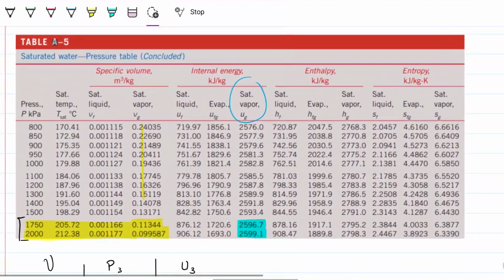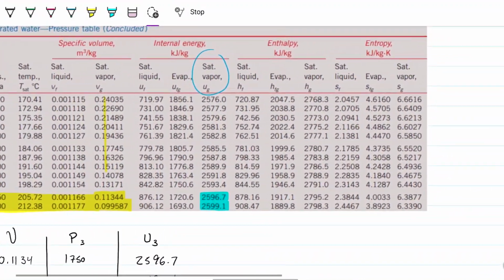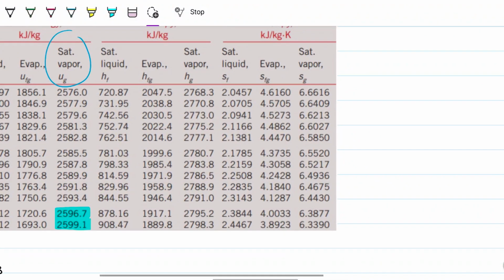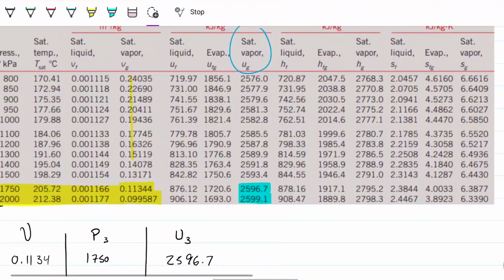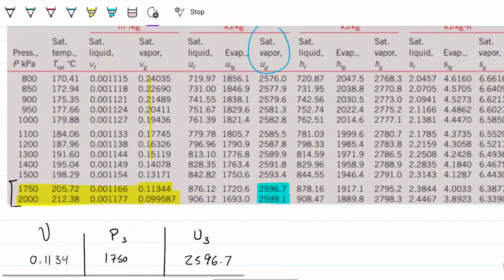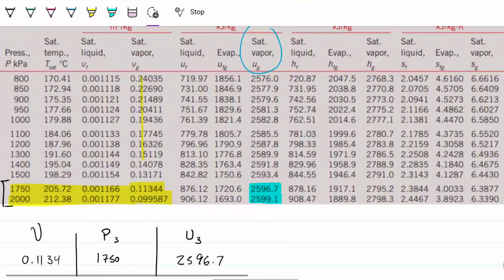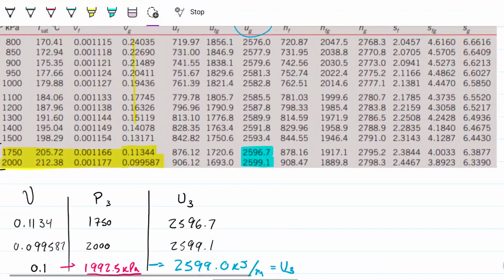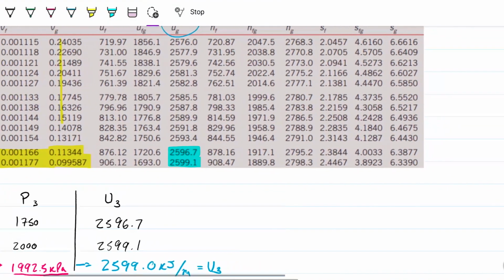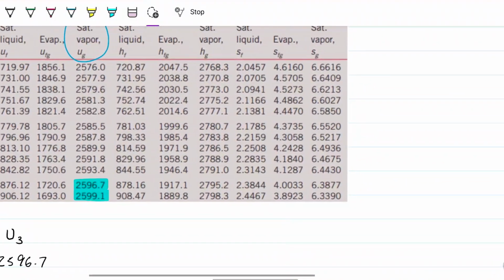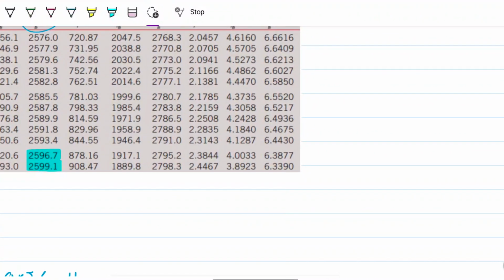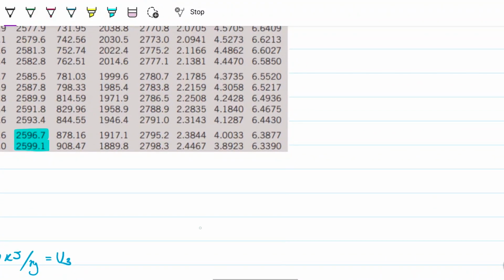Alright, and then state 3 is between these two, so my temperature is going to be around 200 and something. Call it 210. And this is going to be around 6.3. So about 210 and 6.3.